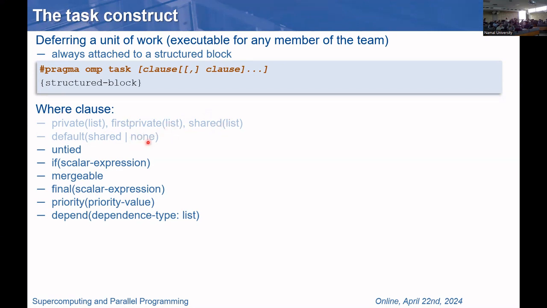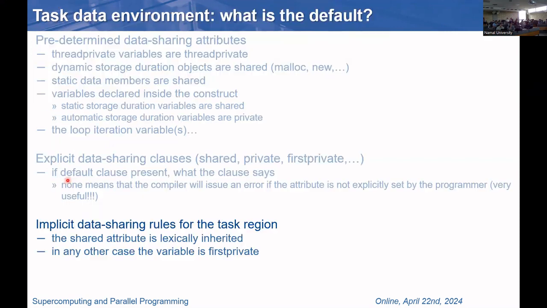This way you ensure that, as a programmer, you specify the behavior of the variables as you want, and if you missed anything, the compiler will tell you, hey, we need to express this one also. And then we have untied, if, mergeable, final, priority, and depend. Those are the additional clauses that we have for tasking that we will see across the lesson.